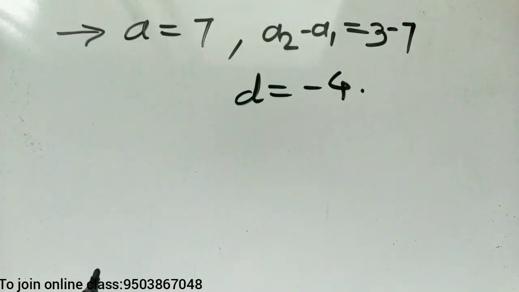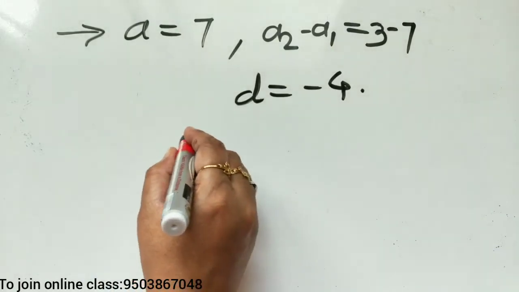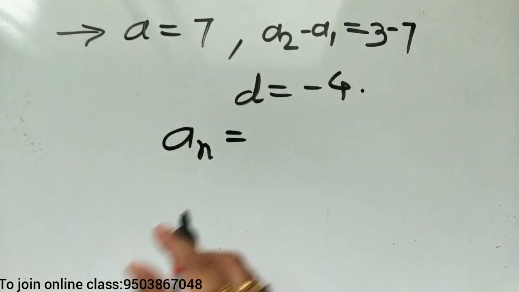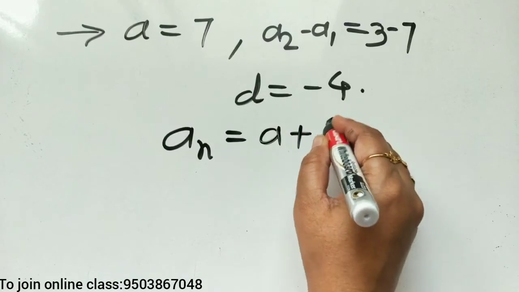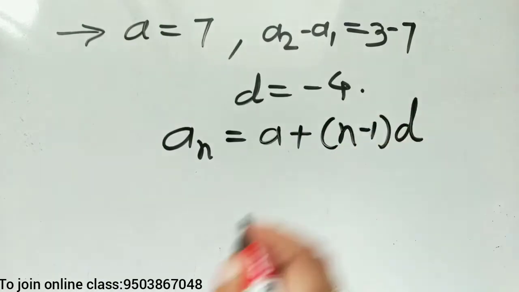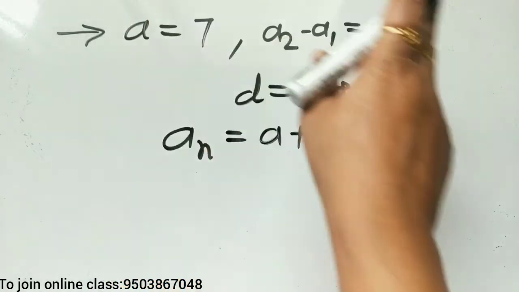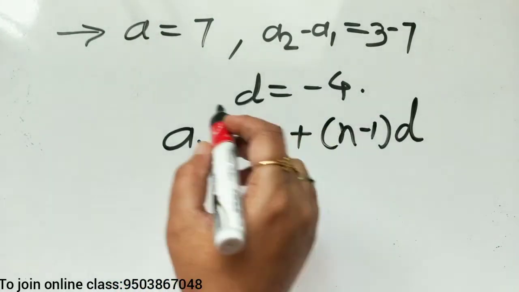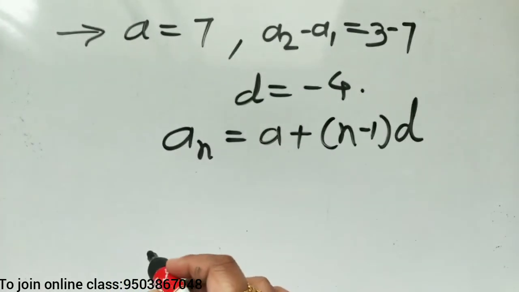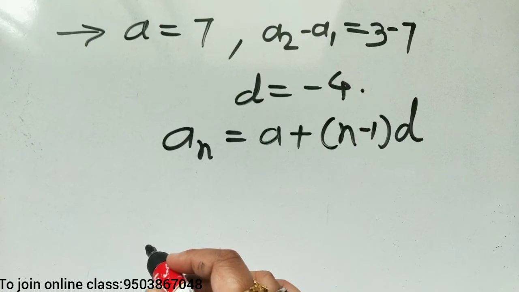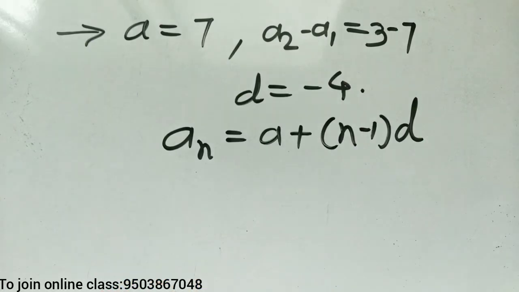Now how to find the nth term? We will write its formula: an is equal to a plus (n minus 1) d. Let's substitute all the values. What is required here? The required thing is the 20th term, right?